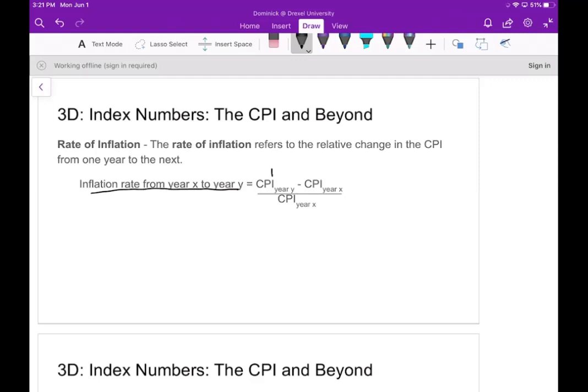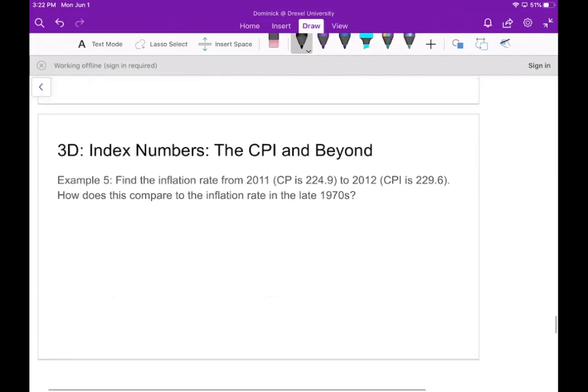If you think of your CPI in the new year as your new value, and your CPI in the old year as your old value, then this is new minus old over old, which is just percentage change. And to make this into a percentage, you multiply by 100%. Let's go ahead and find the inflation rate from 2011 to 2012.